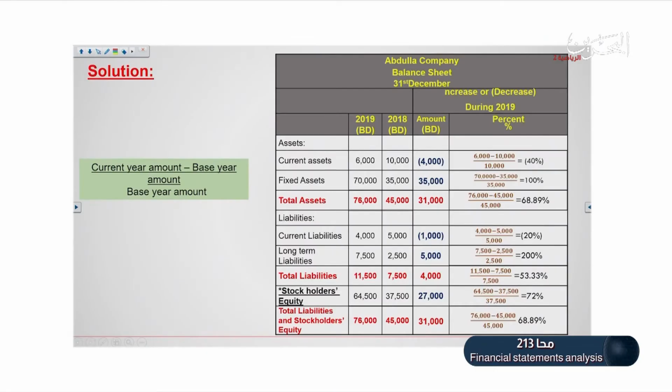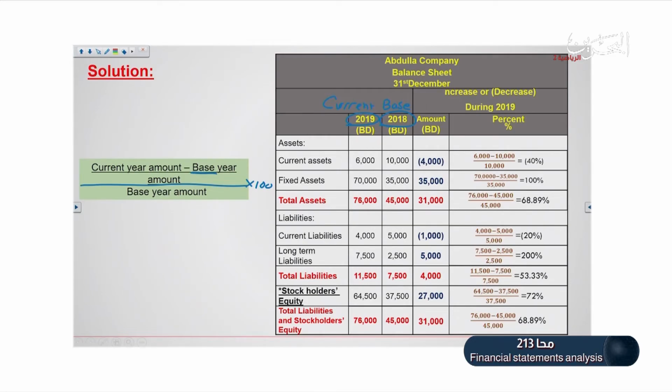The formula says current year amount minus the base year amount over base year amount, multiplied by 100. Okay, the balance sheets will be given the amount of 2018 and 2019. 2018 is the base year. 2019 is the current year.